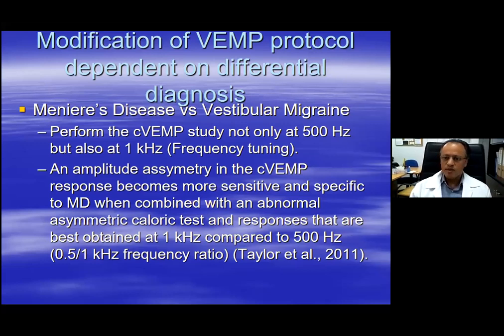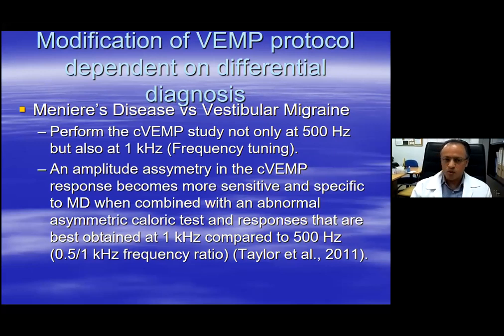But when there is the question of endolymphatic hydrops, like I said, endolymphatic hydrops is a histopathological term, but I use this to describe the possible pathology with regards to, for example, Meniere's disease, you need to stimulate also at 1 kilohertz.